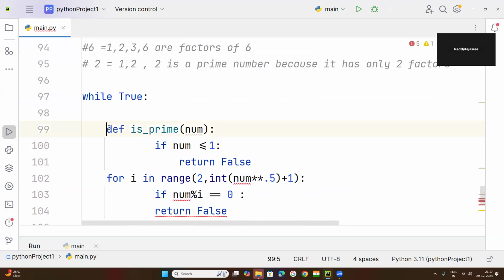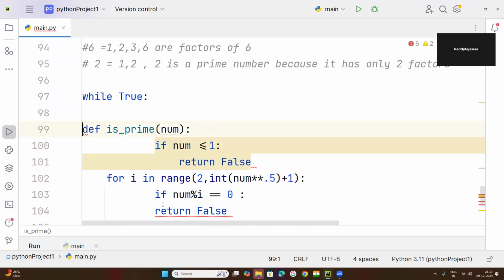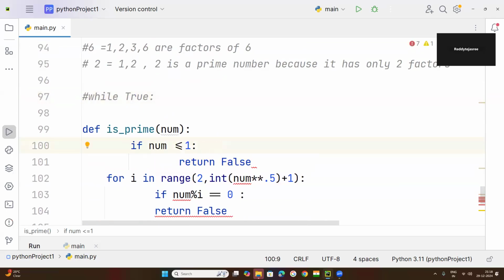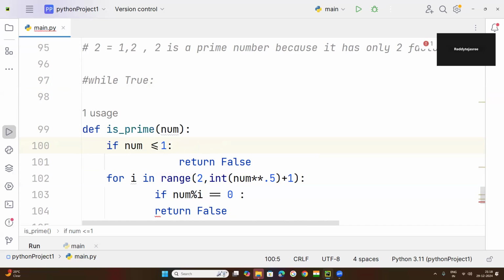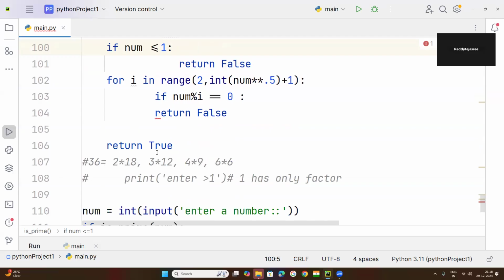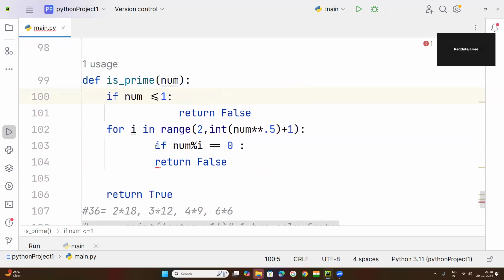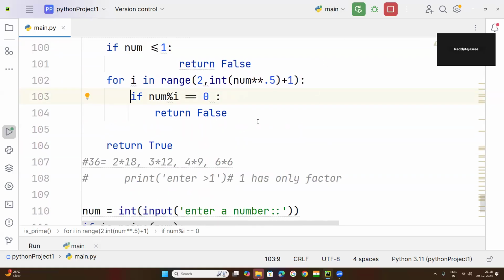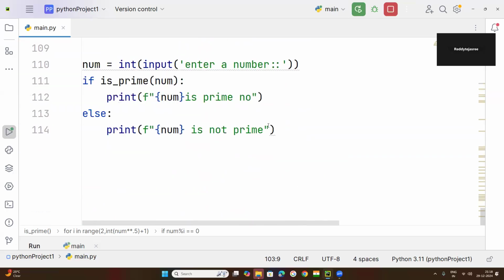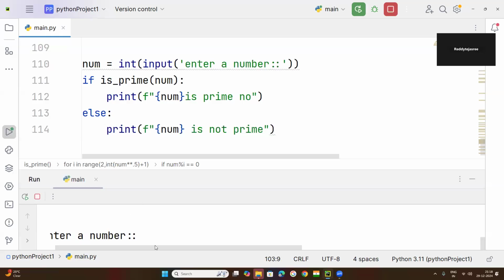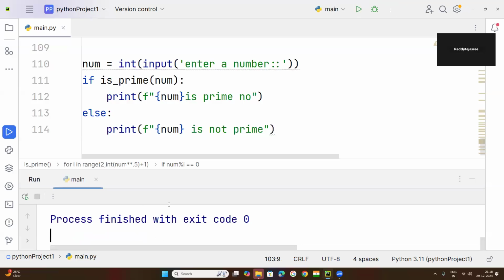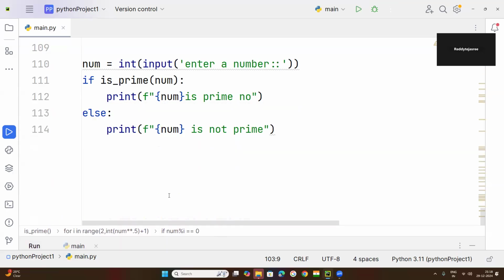Now while true. Enter a number. So this is okay. One is not prime. So that is being executed.